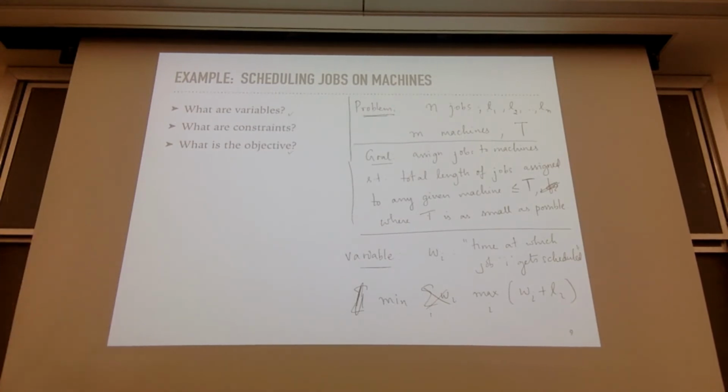Then if I had jobs of lengths 1, 2, 5, and let's have one more, and let's say M was 3. Now these are L1, L2.